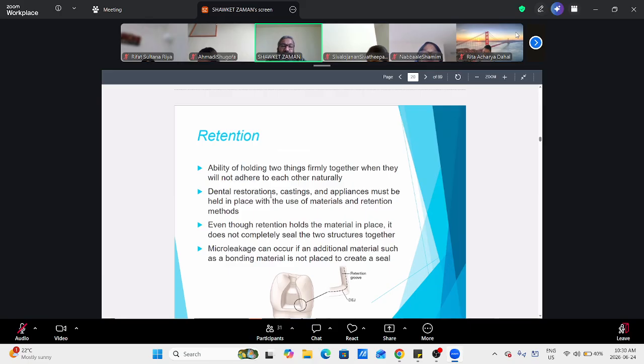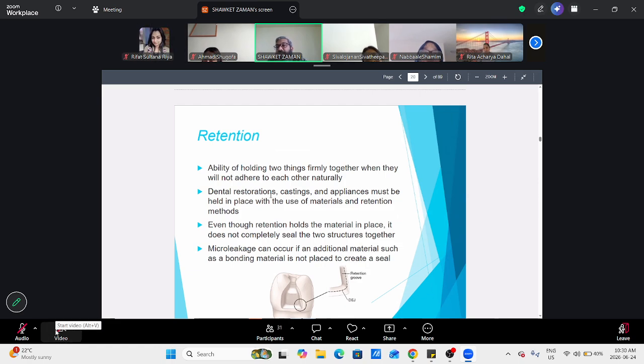Even though retention holds the materials in place, it does not completely seal the two surfaces together. Sometimes there is a micro gap in between these two types of materials. That's why micro leakage is a very common problem with composite filling materials. The reason is by nature the material shrinks.